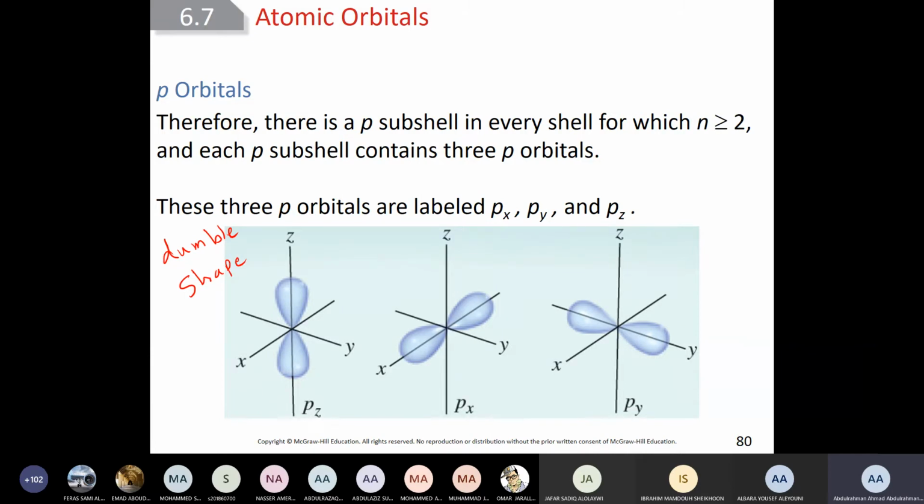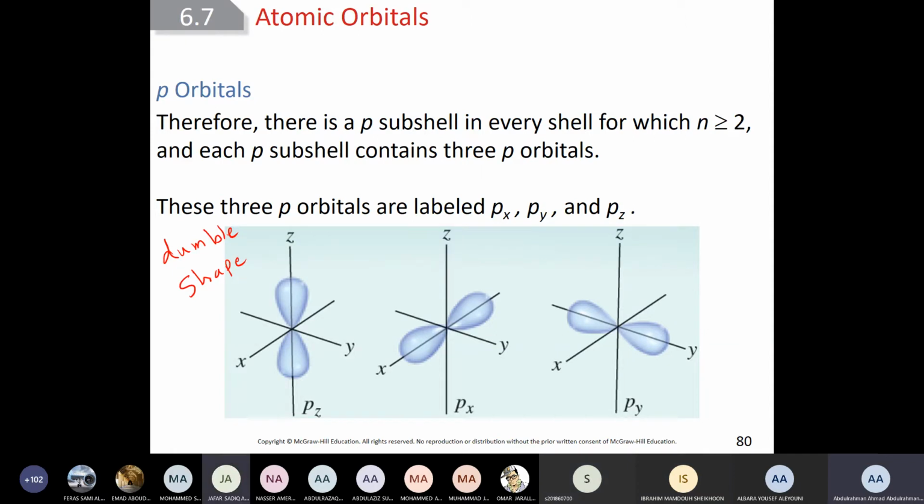Where is the electron in the p orbital? Inside it, the same, it's the blue thing. Can you see the blue color?